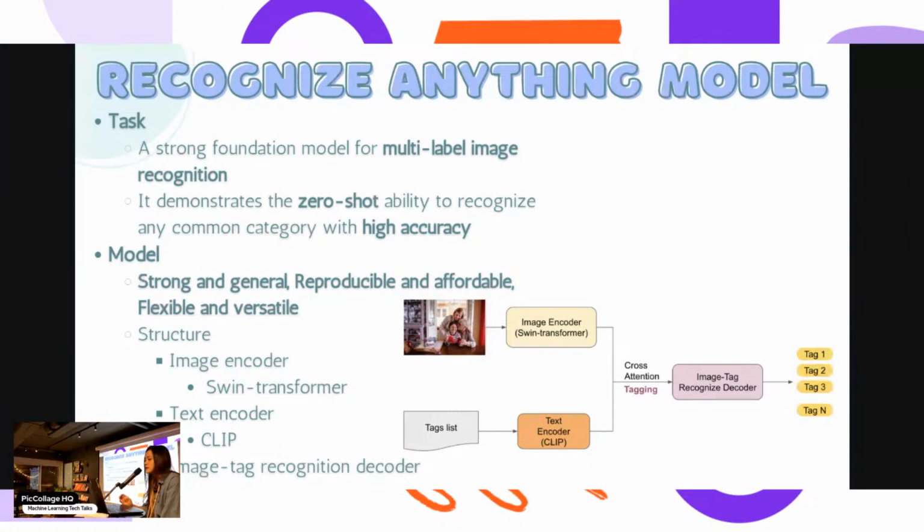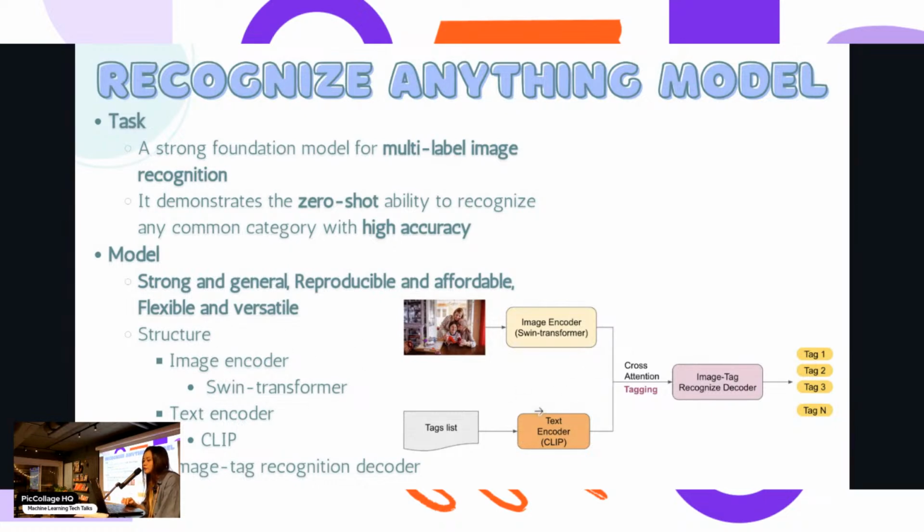This means it can recognize unseen text, even if it's not trained on it. The model can be very simple, just like SAM actually. It is very strong in general, and it's very reproducible and affordable because the model structure is very simple. So its processing time is very quick, and it's also very flexible and versatile.